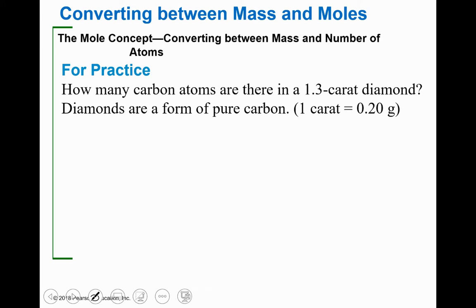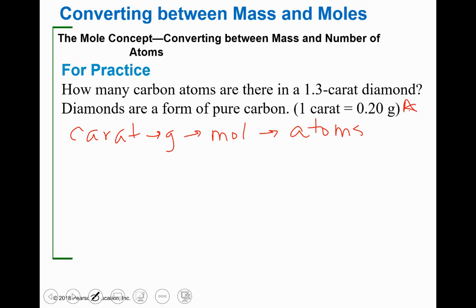Okay, let's do another one. How many carbon atoms are there in 1.3 carat diamond? We're assuming the diamond is pure carbon. All right, so I'm going to go from carats to grams, from grams to moles, and from moles to atoms.